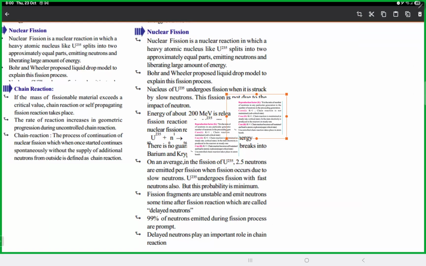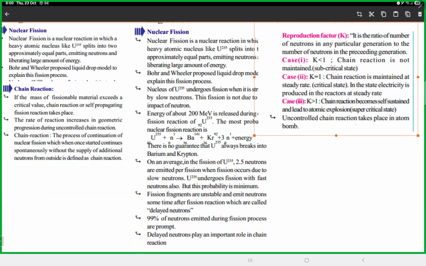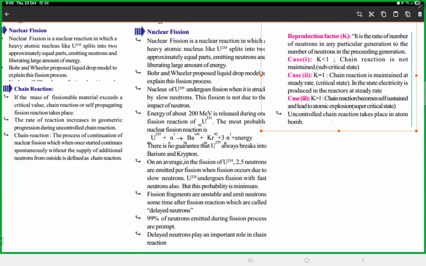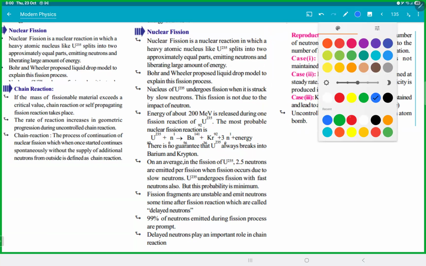You guys can go through all this theory later on. See the main points.